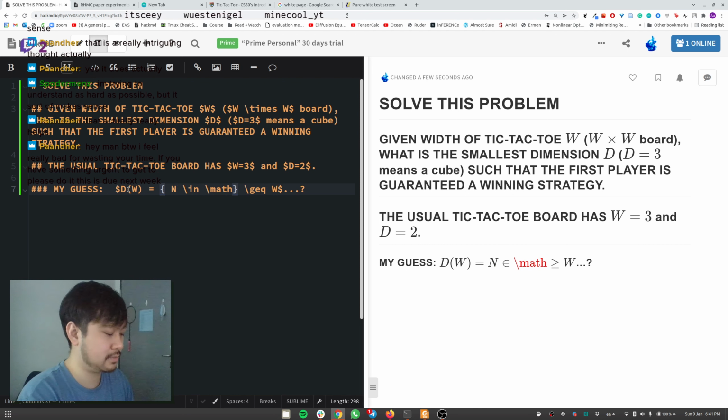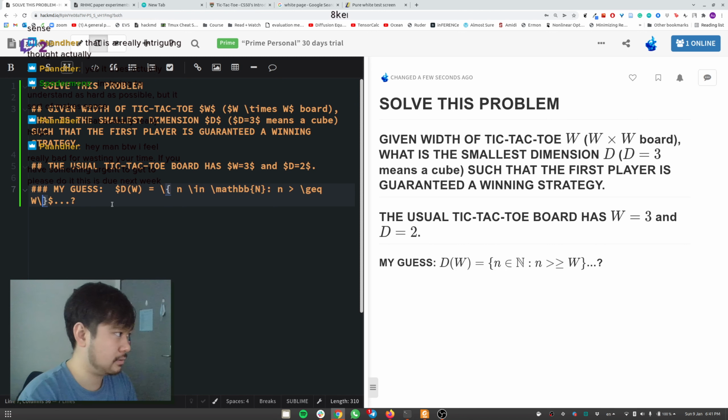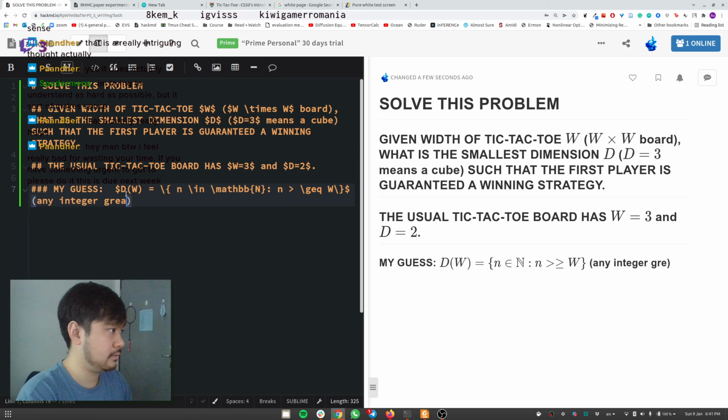How do you write natural numbers again? Such that n greater than, well, let's just call it n. Which is to say that any, that's just a guess.